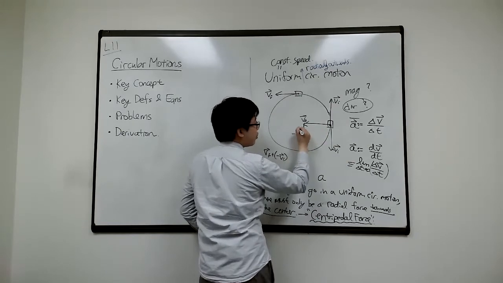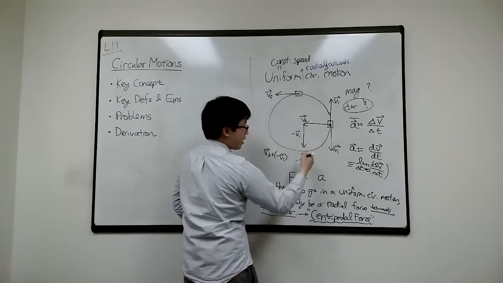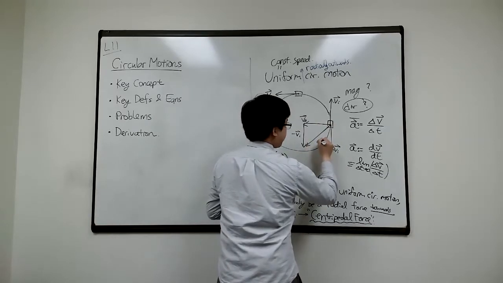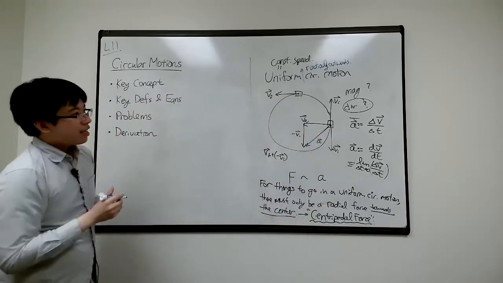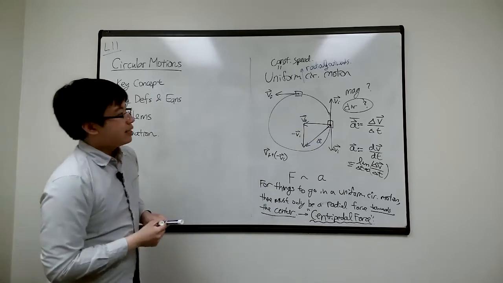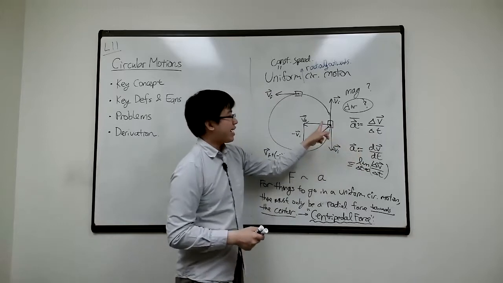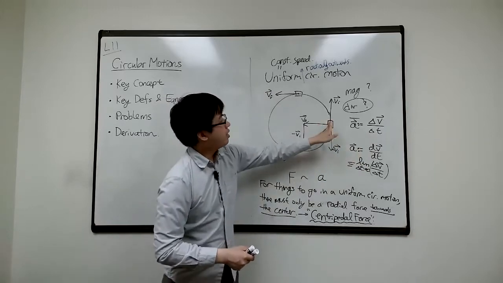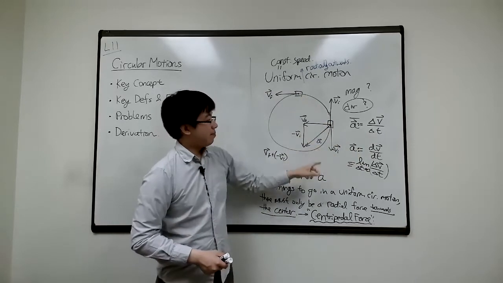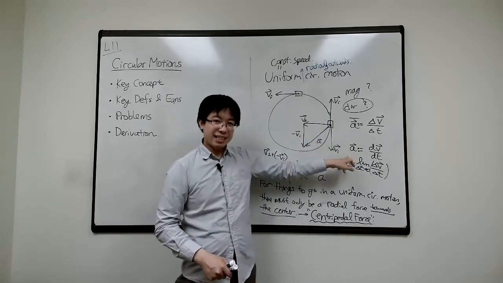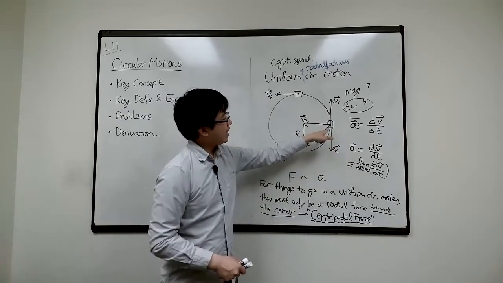So VF minus VI will give me an average acceleration pointing this way. Okay, but this is average. This is the average acceleration from this point to this point. Slightly counterintuitive that it's pointing this way, but let's find the instantaneous acceleration at this instant.